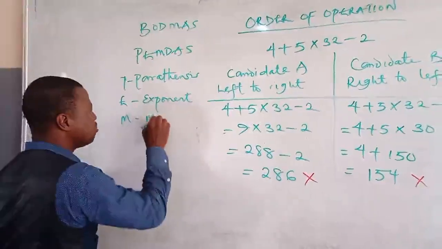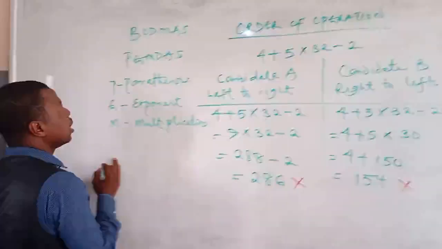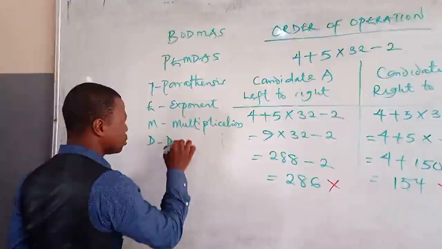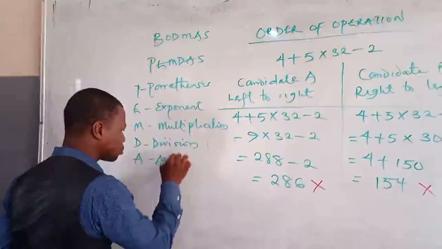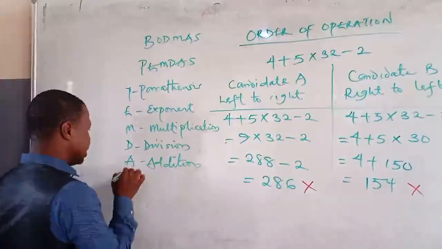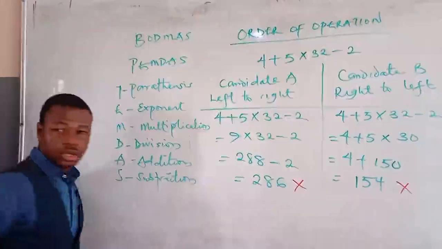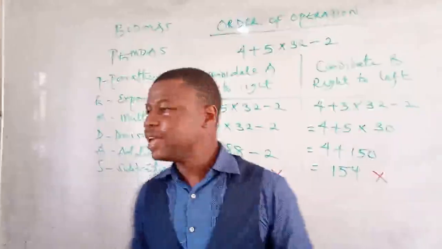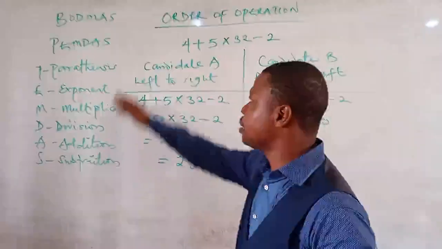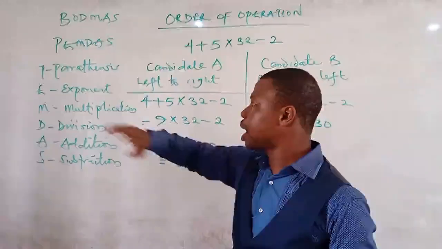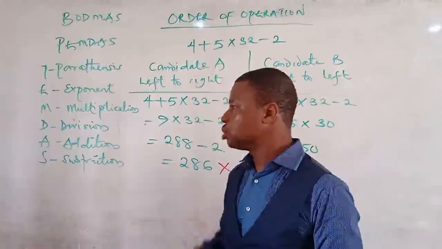Then M, multiplication. Then D, division. Then A, addition. Then S, subtraction. So this is the rule that guides the operation of mathematics. We have PEMDAS: parentheses, exponent, multiplication, division, addition, subtraction.